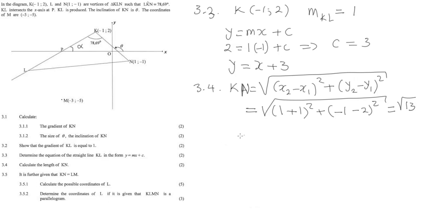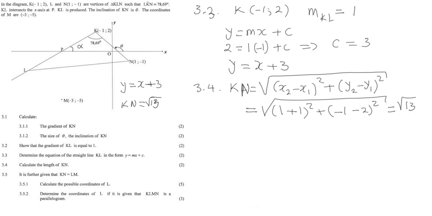Alright, now the next question, 3.5. To do 3.5, I want us to keep this aside. We have a straight line which is y equals x plus 3, and we have the distance KN equal to square root of 13.